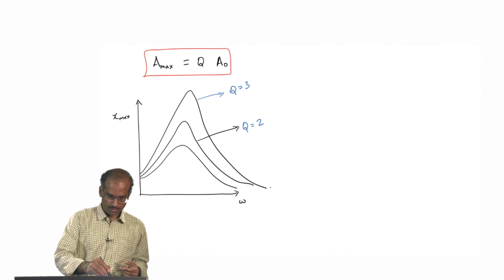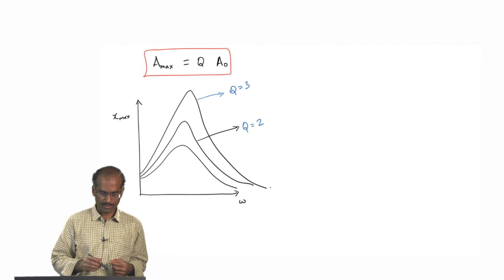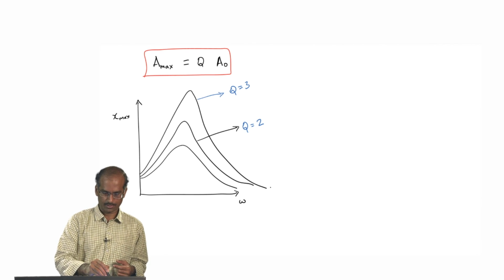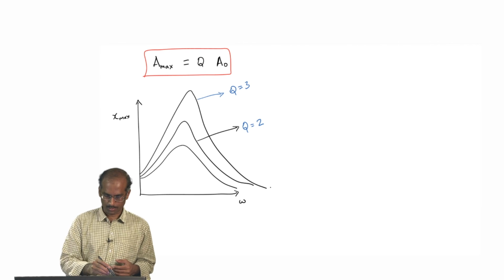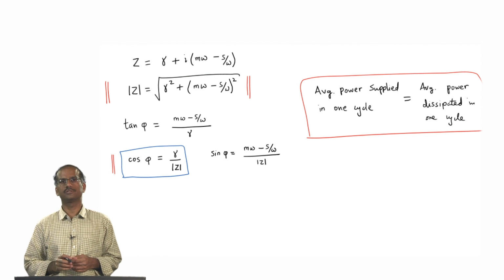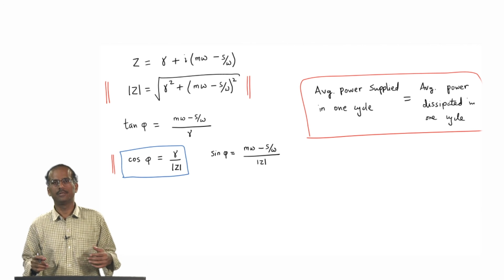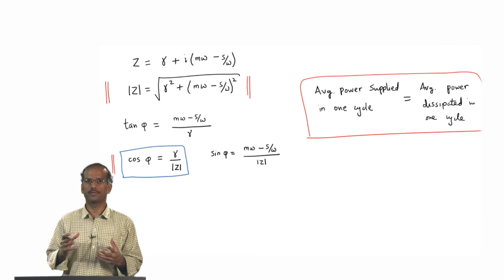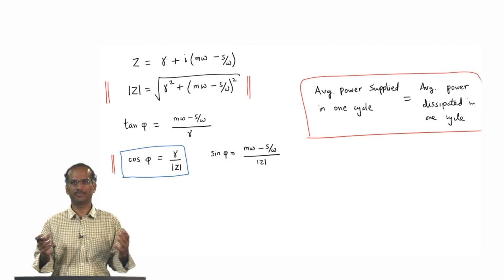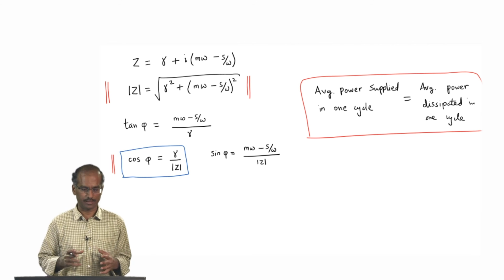So, just to summarize what we have been discussing in today's module, we obtained this first and important result, that the average power supplied in one cycle is equal to the average power that the oscillator dissipates over the same cycle.